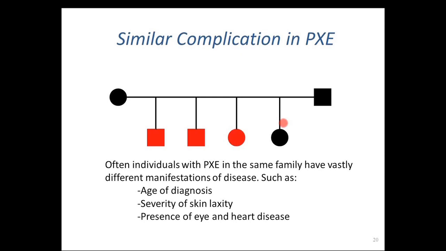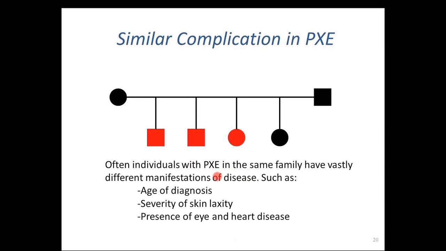Okay. Now with PXE, we have a similar kind of thing to those three eye diseases, in that there is quite a bit of variability in the manifestation of the disease. If you are a parent of PXE children and you have more than one child, you may have seen that the manifestations are quite different. Or if you're an individual with PXE yourself and have brothers or sisters with the condition, you may have seen that.